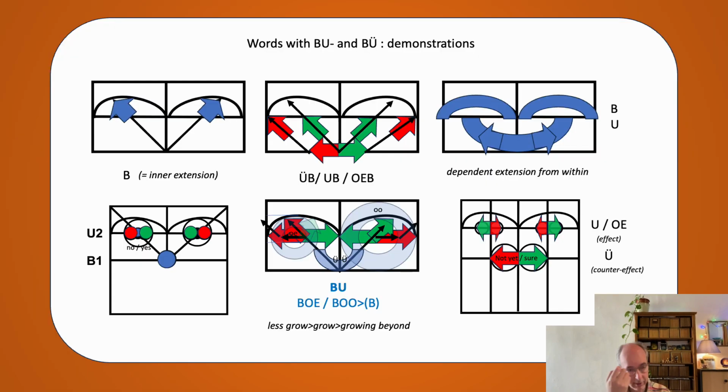So the B is this extension, where you are sure that you have an extension into two parts, or that kind of extension. It's extending itself and it stays within this range of two, but it has the tendency to go beyond it. It is sure that it is an extension. That's the B, and you have this form with the B that you can see. In combination with the U, it's more difficult because the extension of U is limited.